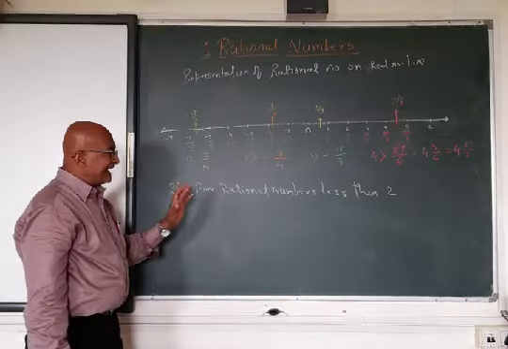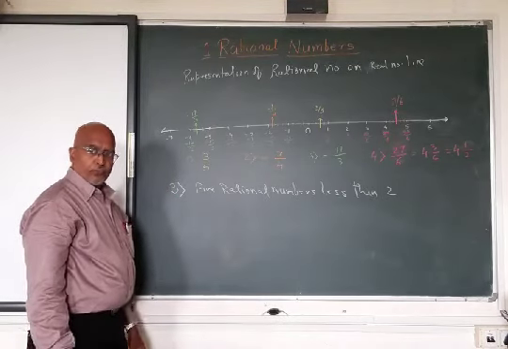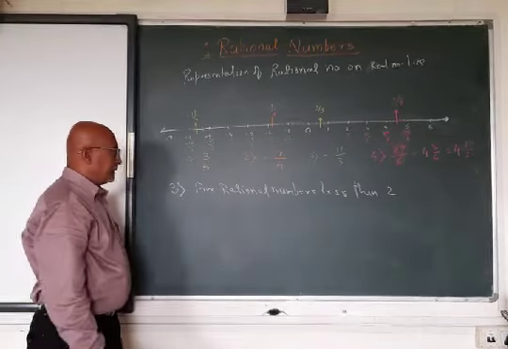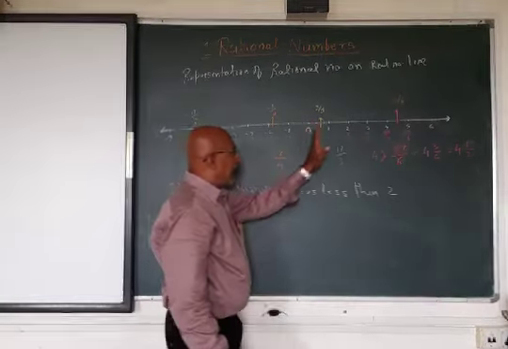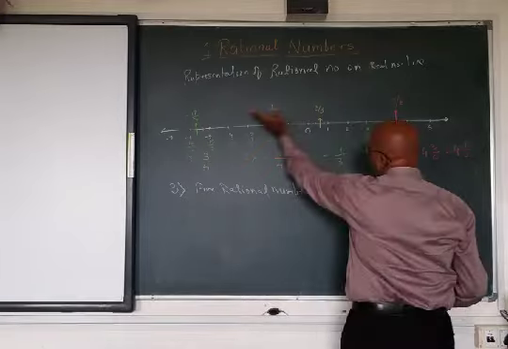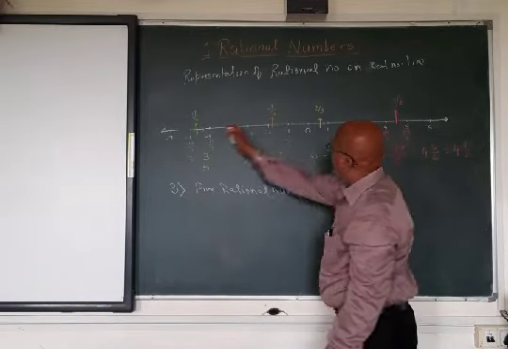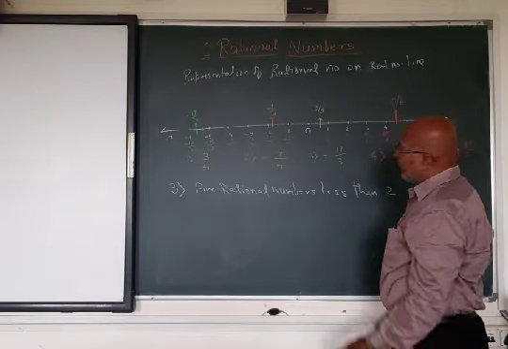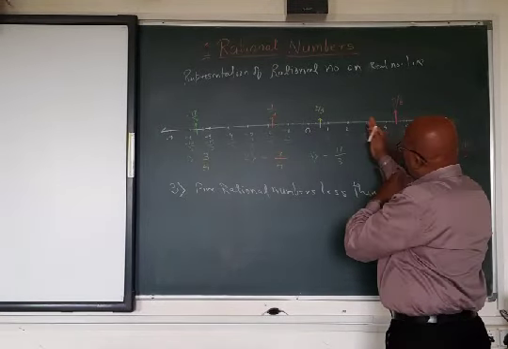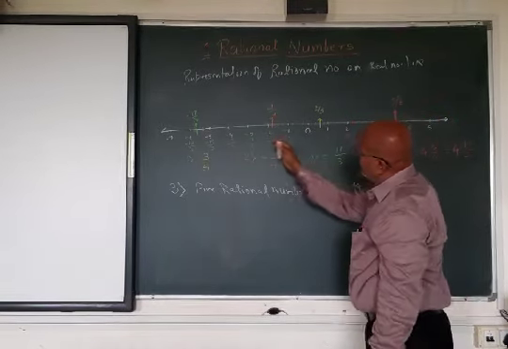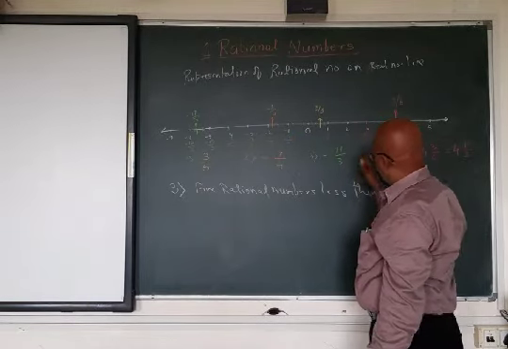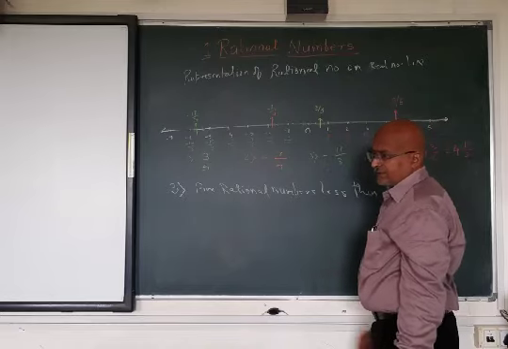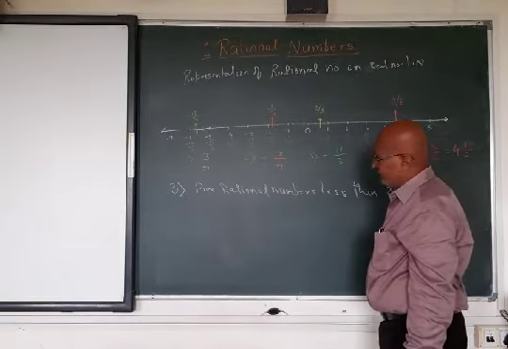We can write many fractions. The fractions which can be below this may be anywhere. So all the fractions which are to the left of 2 are all less than 2.